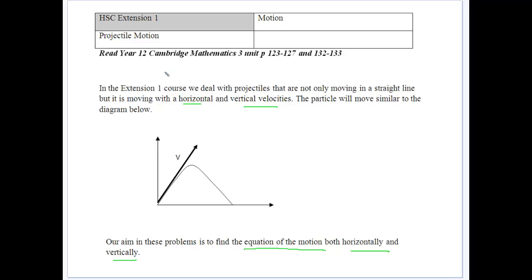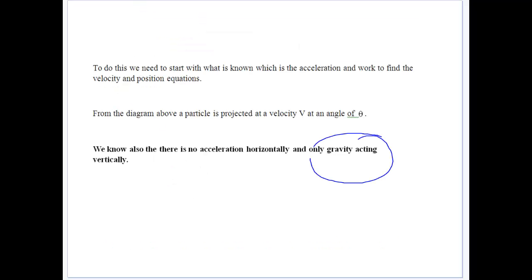Because really, the only thing we know for sure when we start off is a situation where only gravity is acting on it. And that means there's no acceleration horizontally. So once the particle's projected at a velocity v and at an angle of theta, there's no other acceleration happening except for the gravity that's going to pull it downwards.